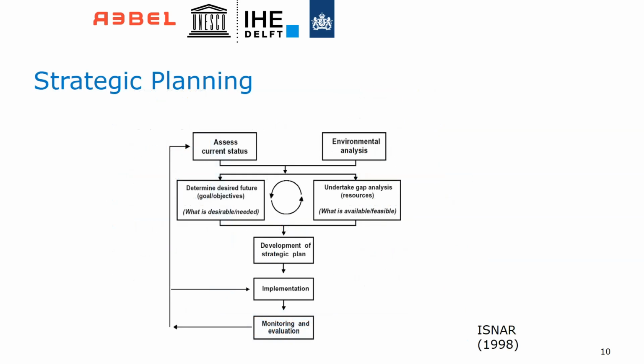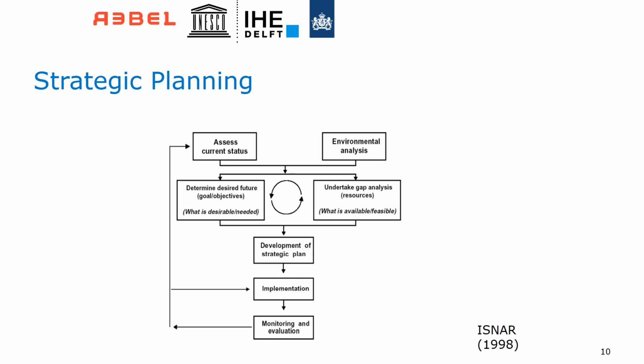A good approach to set up an SDI is to start with strategic planning. First, you need to assess the current status of data availability in a country, region, or organization. You also need to do an environmental analysis, which means looking for how the data is used, who are the stakeholders, and what are the laws and regulations that are existing.